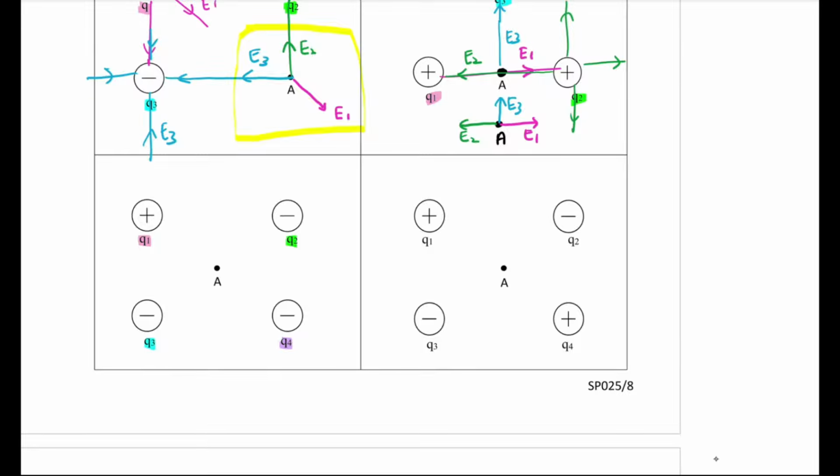Alright, Q1 first. Q1 is positive. So, dia akan keluar macam ini. E1. Q2 is negative. Okay. So, daripada sini dia akan pergi ke Q2. Masuk ke Q2. Q3 is negative. And Q4 is negative. So, akan masuk ke sini.